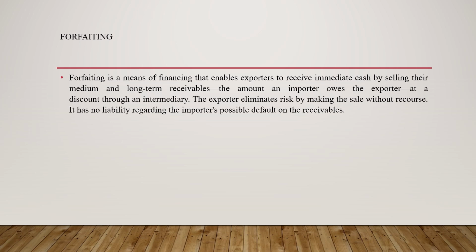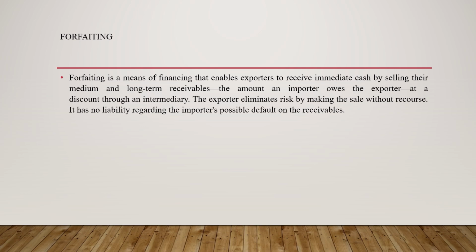The exporter surrenders his rights to the forfeiter to receive future payment from the buyer to whom goods have been supplied. Forfeiting is a technique that helps the exporter sell his goods on credit and yet receive the cash well before the due date.